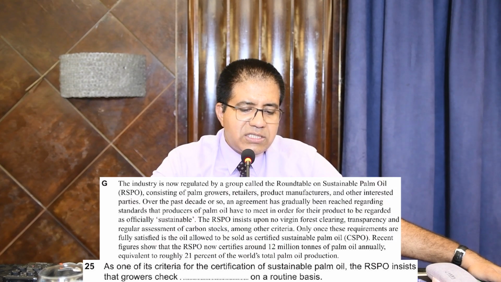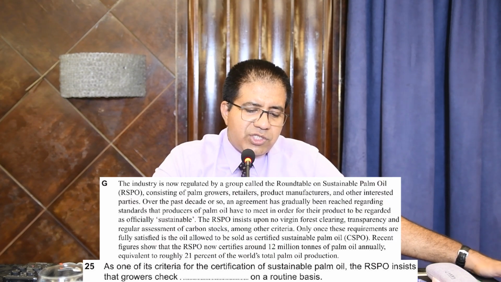Question number 25, as one of its criteria for certification of sustainable palm oil, RSPO. Now RSPO is our clue word. Just see where RSPO is. RSPO is in paragraph G. So it means answer will be there.